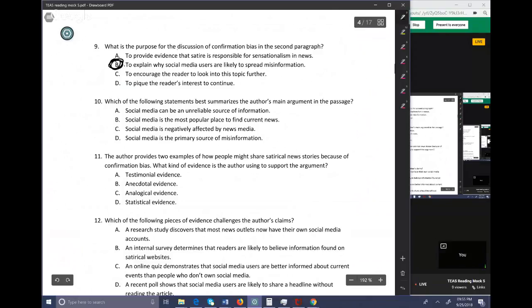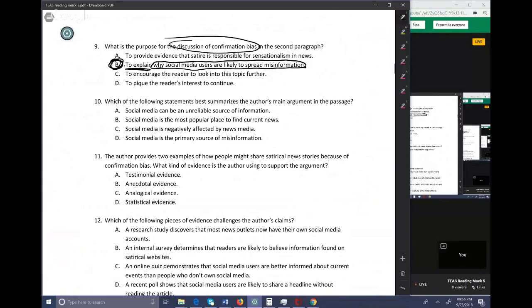In this case, it does, because we do want to say it's to explain about social media and how it matches up with that. But we also want to talk about the discussion of confirmation bias and how it fits the passage, which is why social media users are likely to spread misinformation. So this is the connection between what confirmation bias is and why that makes social media users in particular likely to spread misinformation.